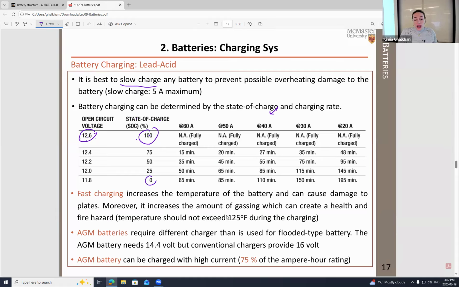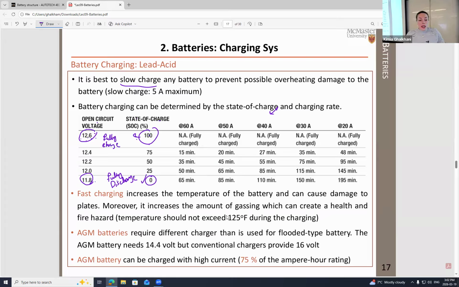And of course, if it is 11.8, you may say, okay, I have no charge. The battery is fully discharged. Here, the battery is fully charged. That's what we call open circuit voltage.